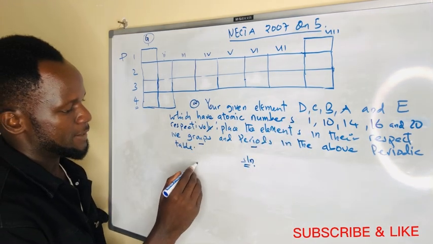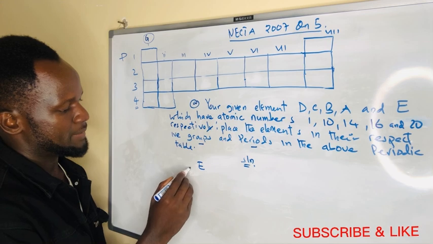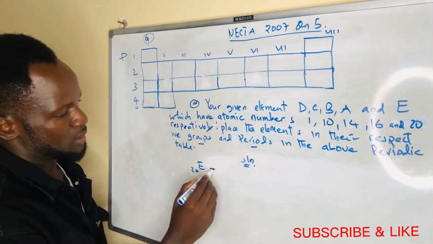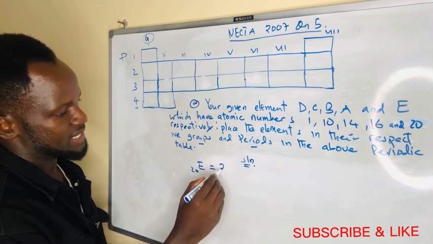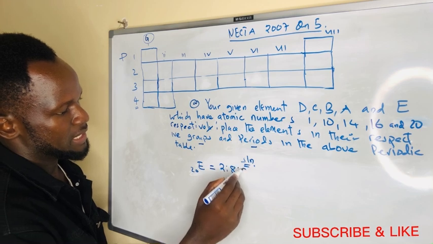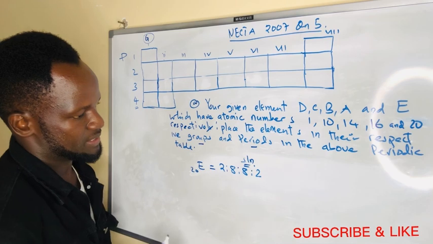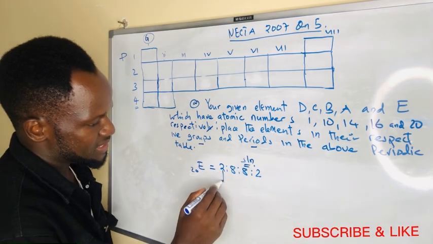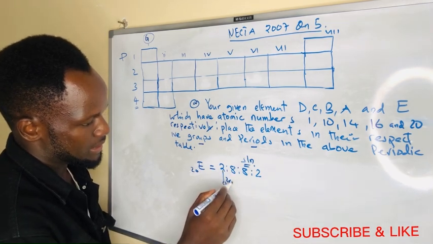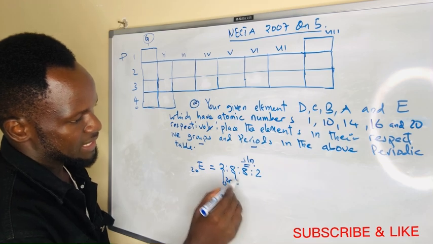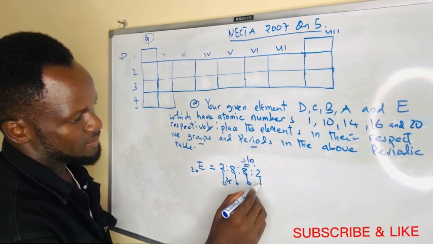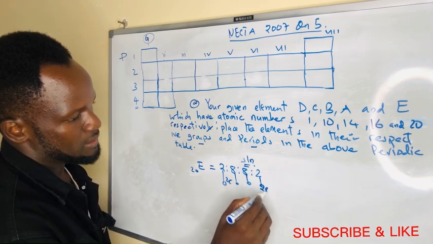Starting with E, it has the atomic number of 20. From your notes, you can write the electronic configuration as 2, 8, 8, 2. This is the number of electrons in each shell: the first shell has 2 electrons, the second 8, the third 8, and the fourth shell carries 2 electrons.